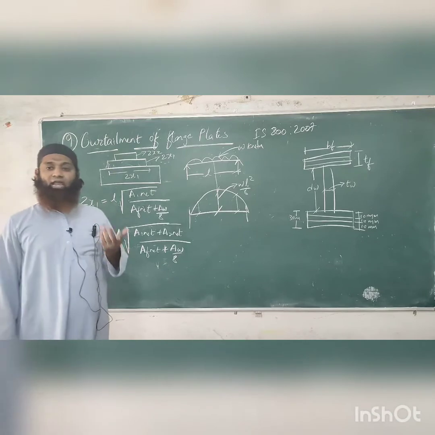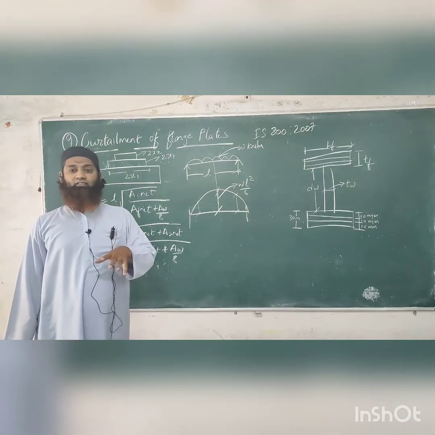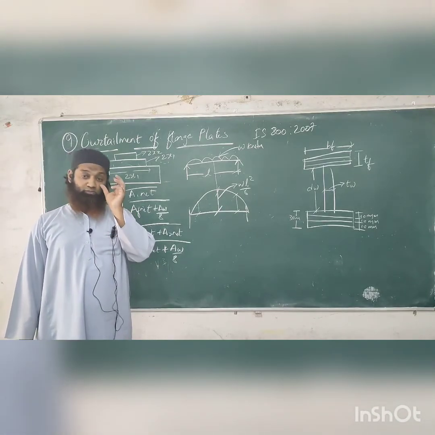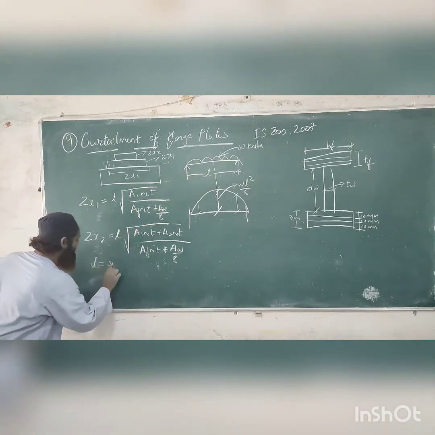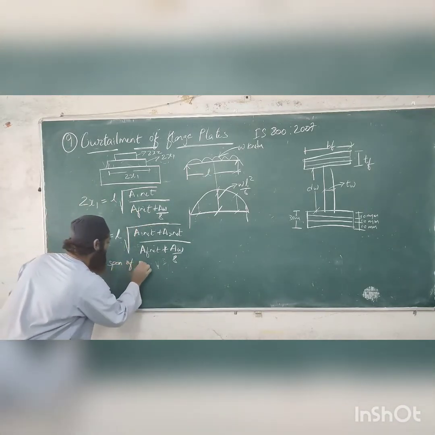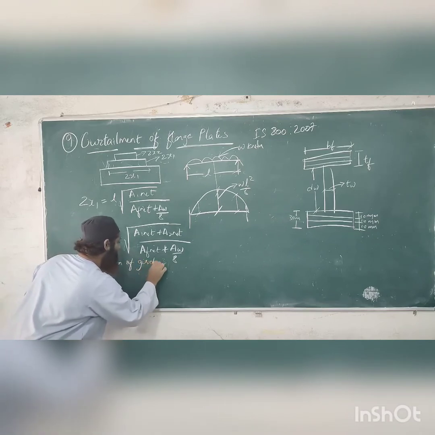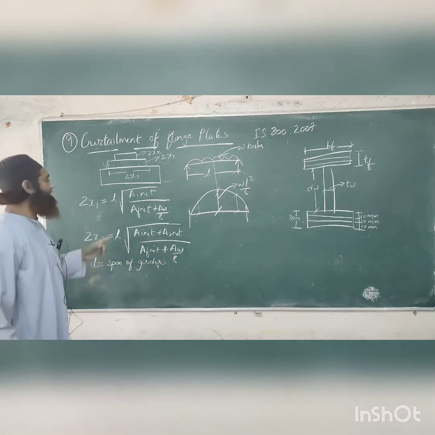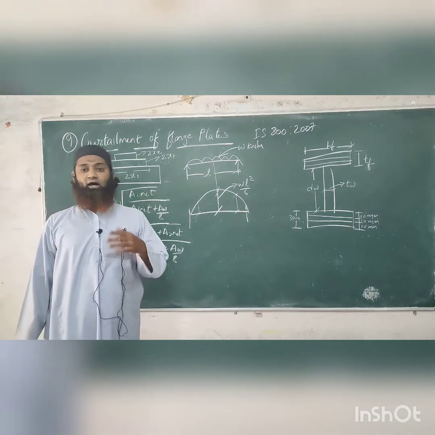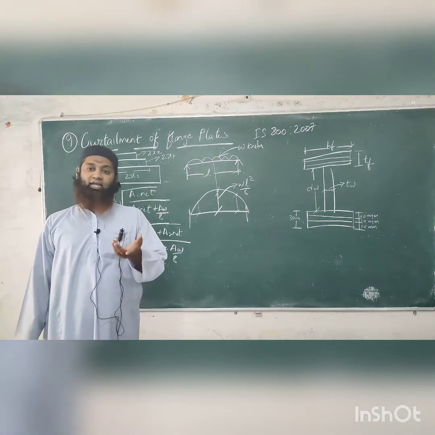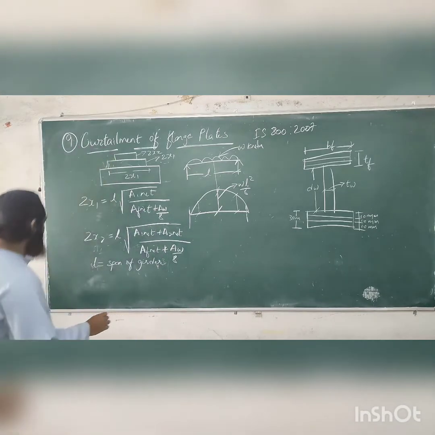L is the span of the girder. Now what is A1 net and what is AF net? A1 net is the net area of the first flange plate.